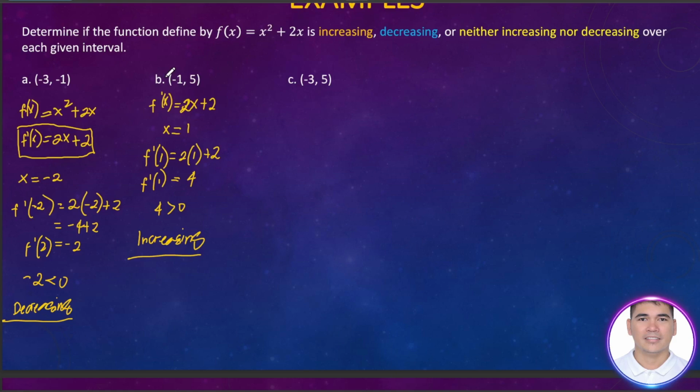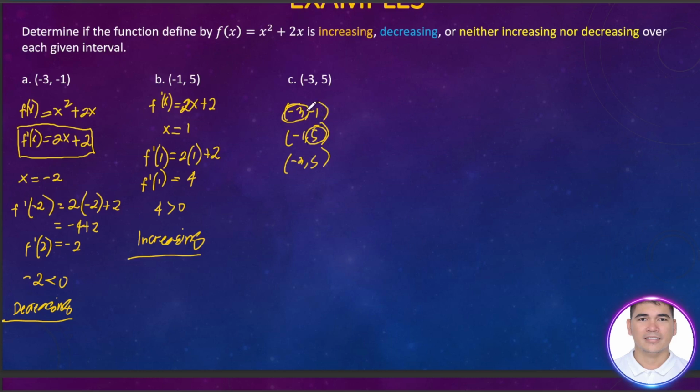Now, for letter C, the open interval negative 3 and 5, take note that this third open interval comes from our first open interval, yung negative 3 and negative 1, and then the second one is negative 1 and 5. The third one is negative 3 and 5. So, from the first one, we have negative 3 and we have 5. Galing lang sila dun.